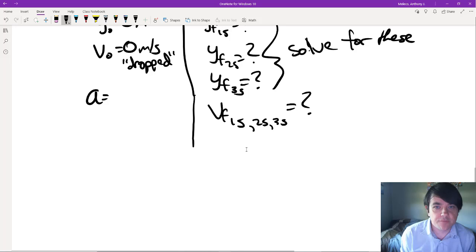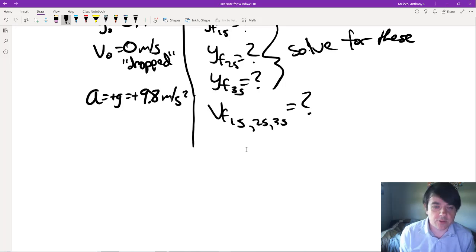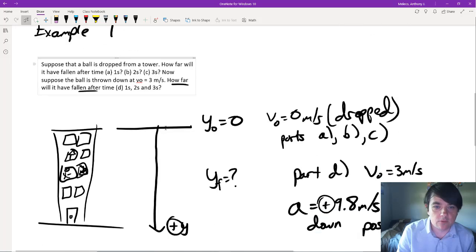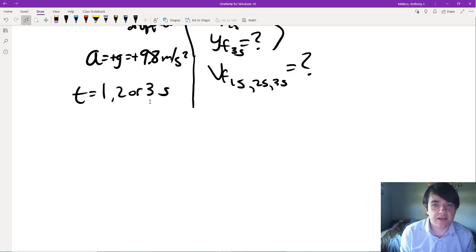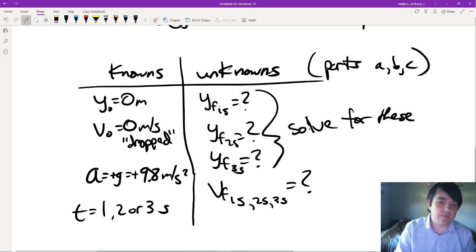So we've done position, velocity, now acceleration is plus g, which is plus 9.8 meters per second squared. I'm writing plus here just to be super explicit so that we know down is positive. Our time, we know it. It's 1, 2, or 3 seconds corresponding to these 3 positions. Whatever the position we're solving for, so for y final after 1 second, we'll plug in 1.